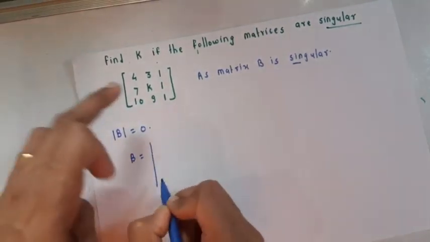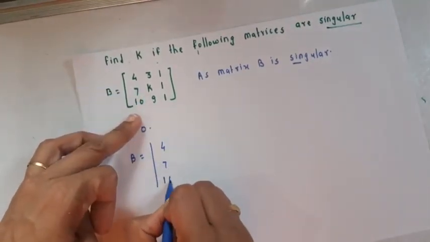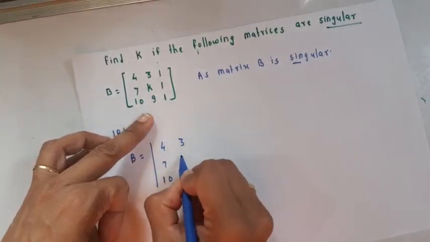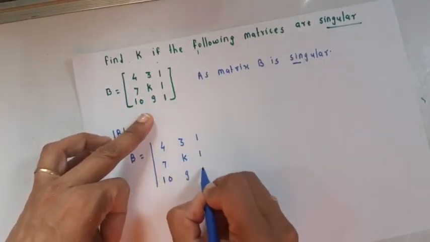The bracket is replaced by the vertical lines: 4, 7, 10, 3, K, 9, 1, 1, 1.